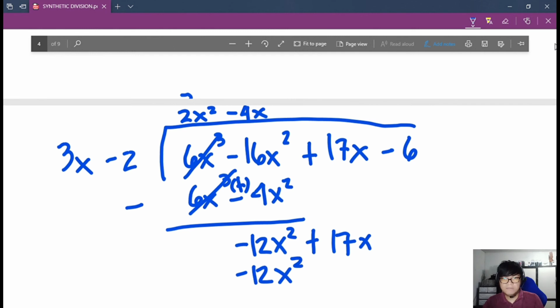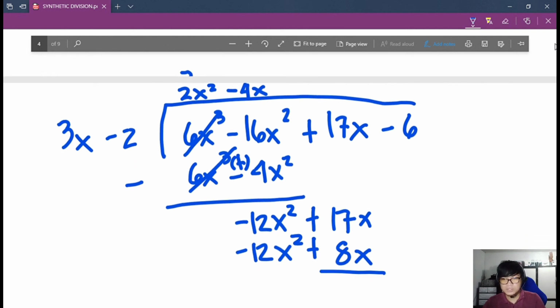Then, negative 4x times negative 2, that's plus 8x.